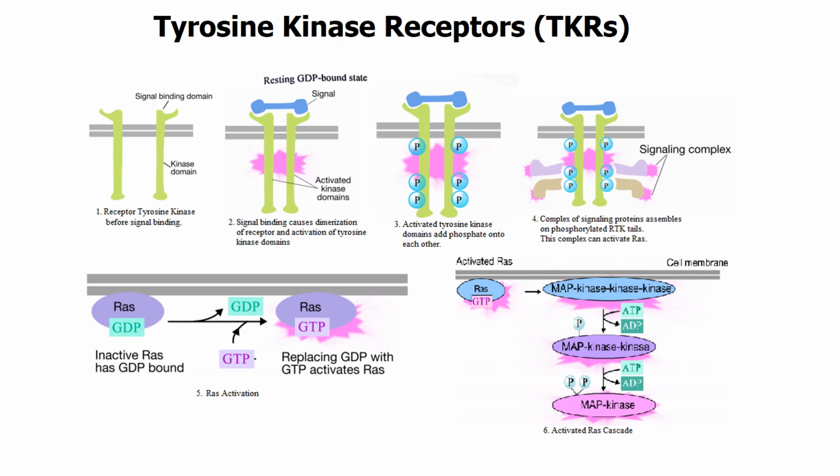This leads to addition of phosphates onto each other in the phosphate binding site. This is followed by complexation of signaling proteins, which assemble on the phosphorylated RTK, that is, receptor tyrosine kinase tail. This complex can activate RAS.